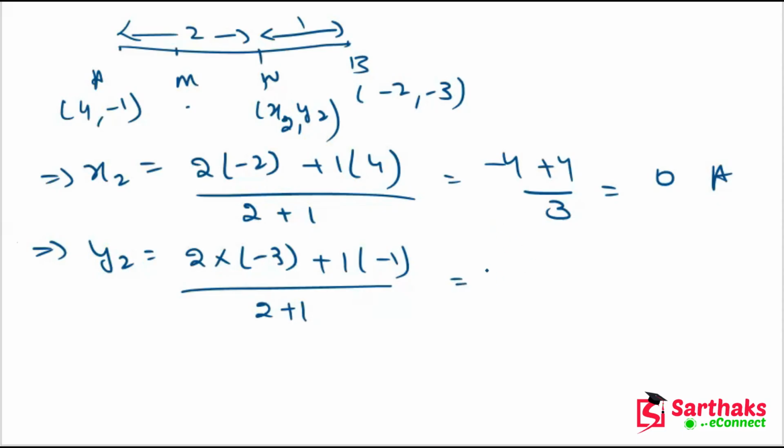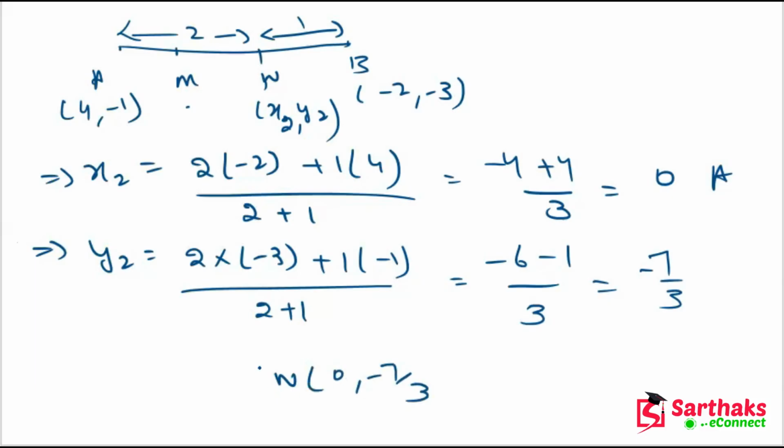So this will be -6 minus 1 divided by 3, so it will become -7 upon 3. So the coordinates of N are (0, -7/3). This is our answer.